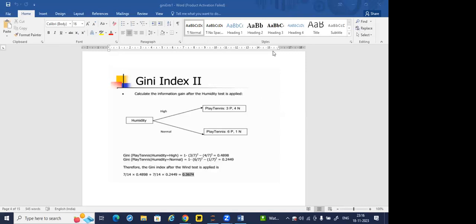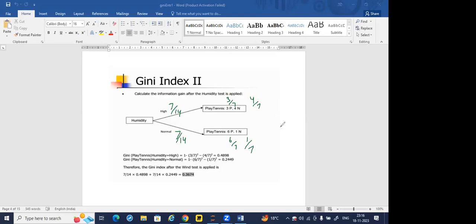If I take the data from here, 3 and 4, so 7 times high humidity happened out of 14. 6 and 1, 7 times the normal humidity. So 3 by 7, 4 by 7, 6 by 7, 1 by 7.